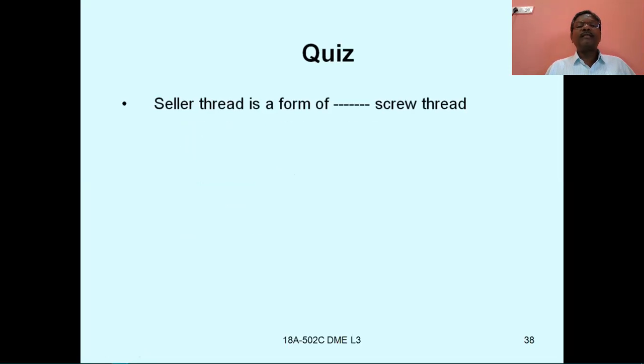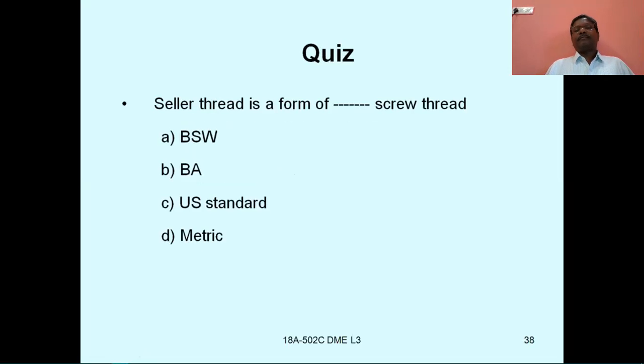Sellers thread is a form of dash screw thread: BSW thread, BA thread, US standard thread, metric thread. Once again, the question is, Sellers thread is a form of dash screw thread.